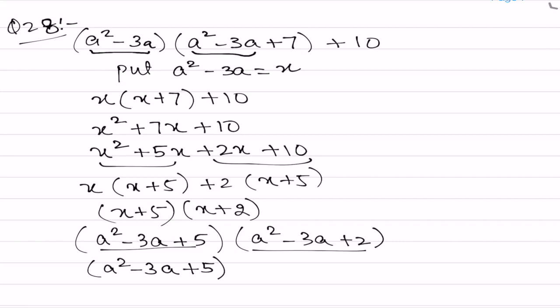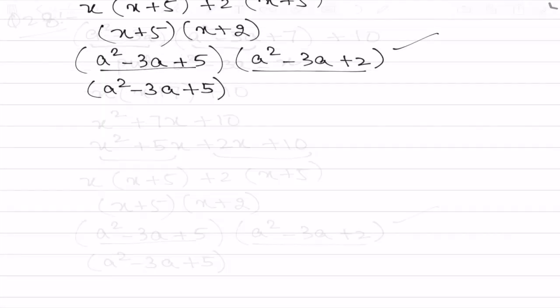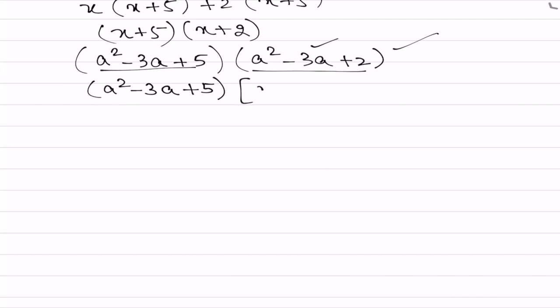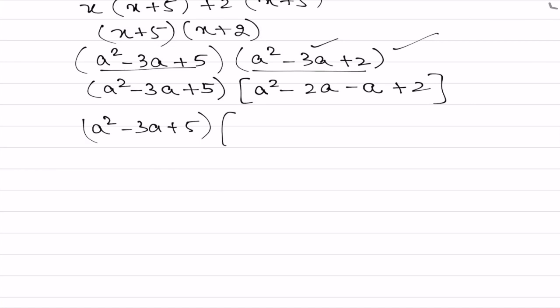Now we will move to the second factor. We can see in the second bracket we can split this middle term. So it is a square minus 2a minus a plus 2. So the first bracket will remain as it is, and we will make the factors of the second bracket by grouping: a into a minus 2 minus 1 into a minus 2.